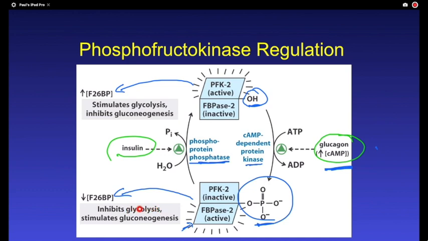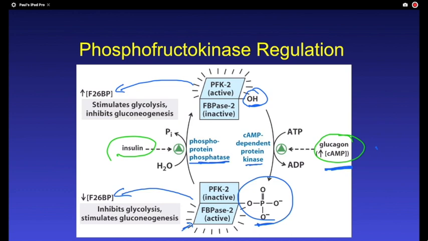I stop glycolysis in the liver, and I stimulate gluconeogenesis in the liver so that I can feed it to the bloodstream and make sure my brain keeps working, because brain uses glucose exclusively.